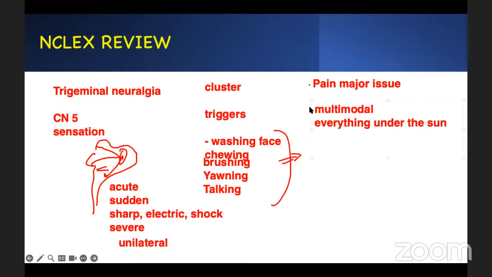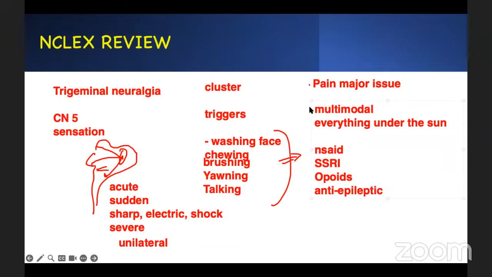So multimodal therapy means NSAID is okay, SSRI is okay. If you see a select or apply question about somebody with trigeminal neuralgia with all these pain medications, you have to select them, unless they ask you which one is the best. NSAID, SSRI, opioid is also another one, and then anti-epileptic.